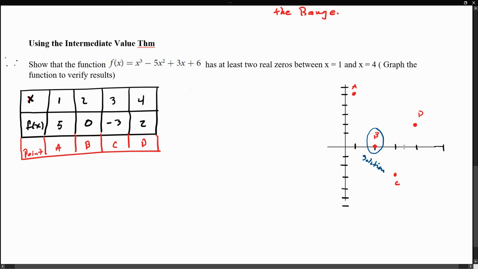And that's exactly what we're looking for. What we're looking for is not exactly what the x value is, but more than anything, we know that there must be another solution here.